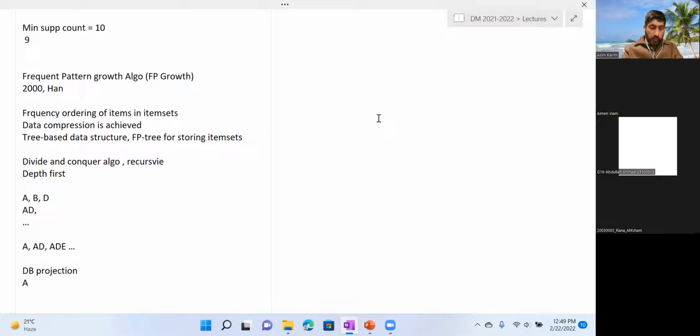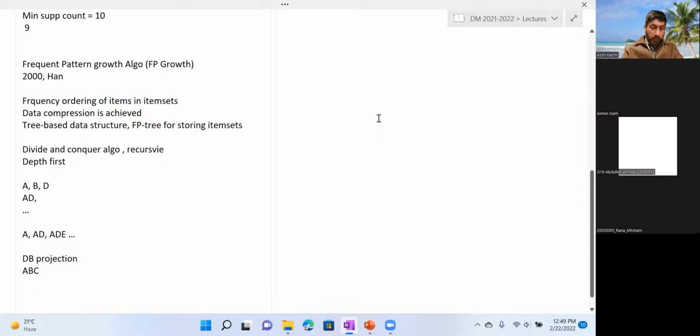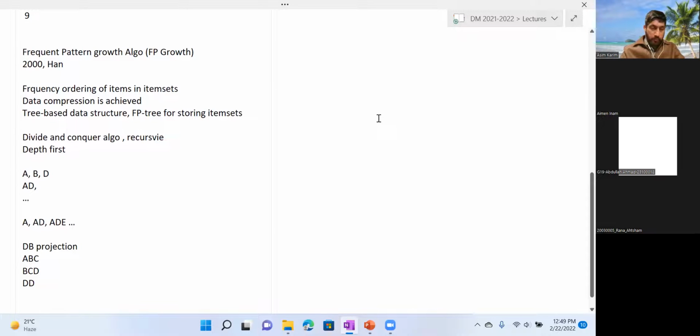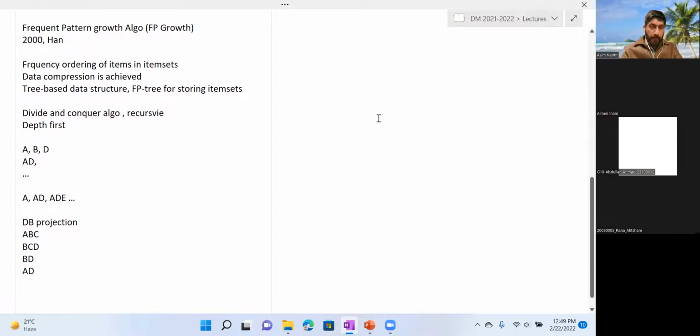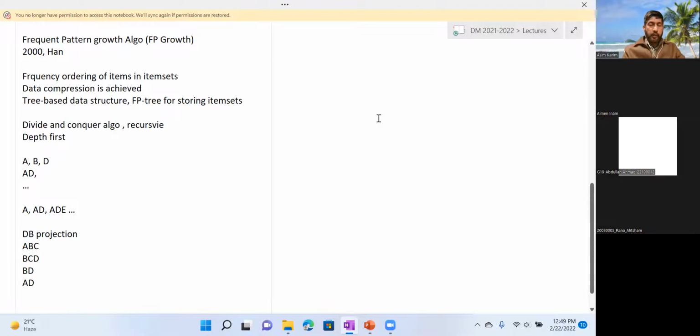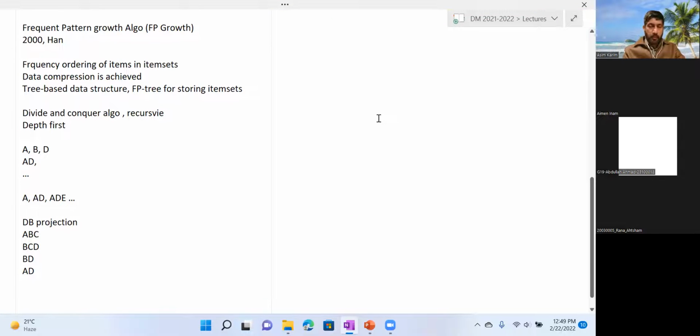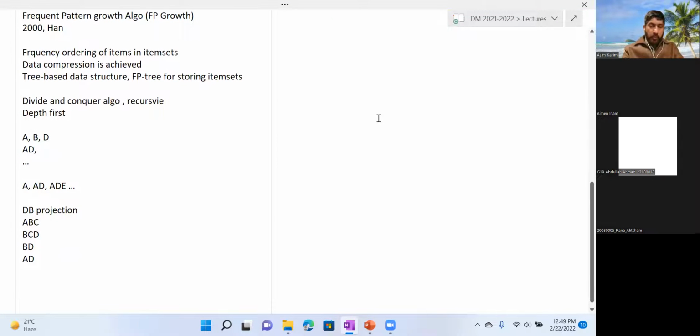The first transaction is A, B, C. The second is B, C, D. The third is B, D. And the fourth is AD. So we have 4 transactions. Let's say I want to create a projected database.